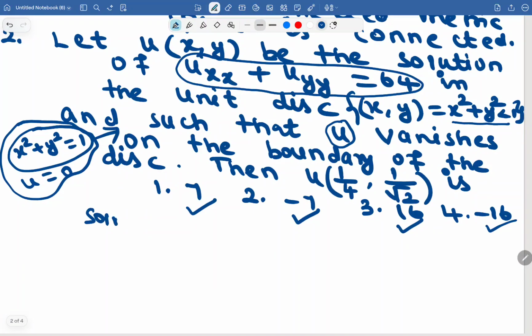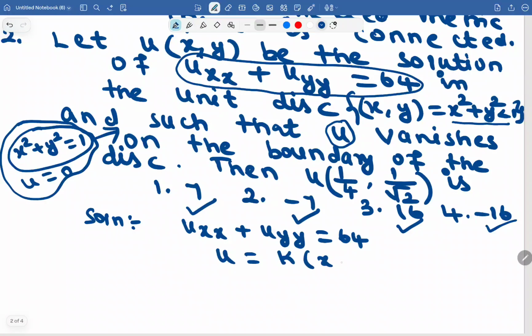Solution. What is given? uxx plus uyy equal to 64. I am going to construct one function u equal to k into x square plus y square minus 1.